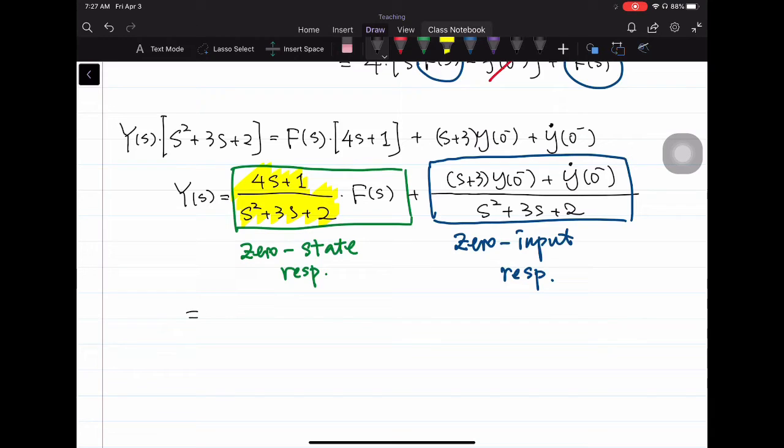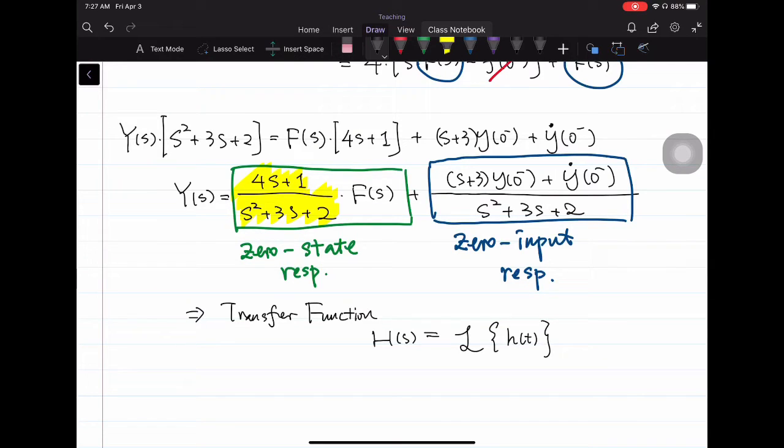So this tells me the transfer function H(s) is indeed equal to the Laplace transform of h(t), the unit impulse response.